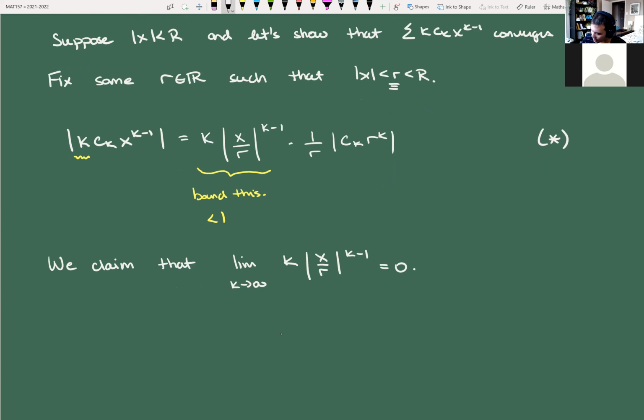Thus, the sum of k ck x to the k minus 1 also has radius of convergence equal to R. And we're done.